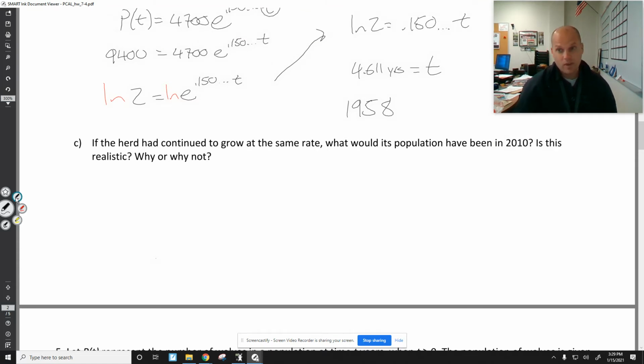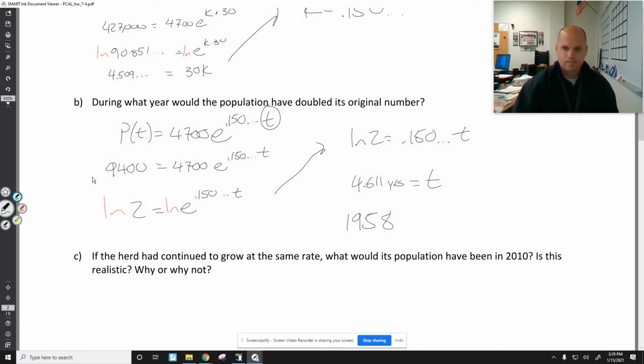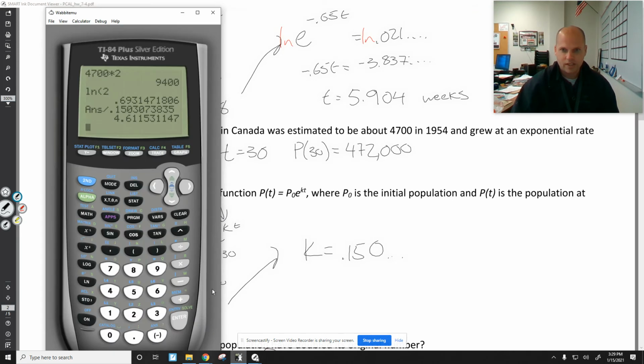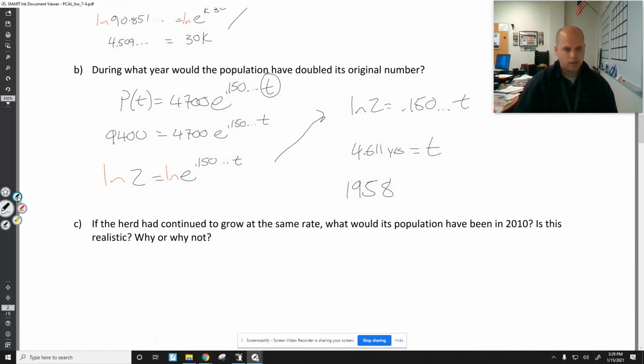Let's see, though, if there was no carrying capacity, if the caribou had infinite space and infinite food, what would their population be in 2010? So let's see. 2010 is 56 years. Okay. 56 years. Here we go.